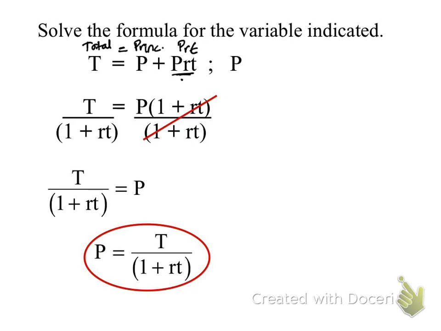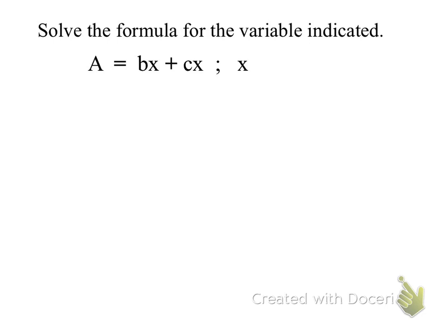So this is your principal plus your interest. So what I have in my account, the total, is equal to principal, the amount of money I started with, plus the interest. So if I give my money to the bank, if I give them $1,000 and I want to invest it, they're going to give me back my principal, $1,000, plus the interest, the $100 that I make for putting it in the bank. So it'll be $1,100.